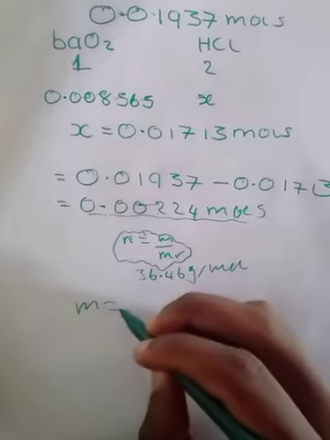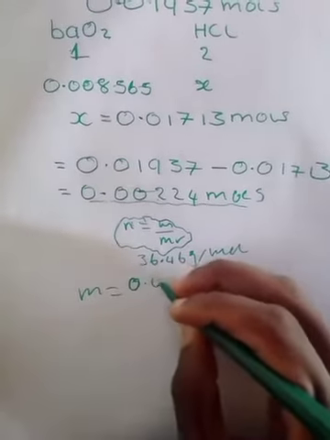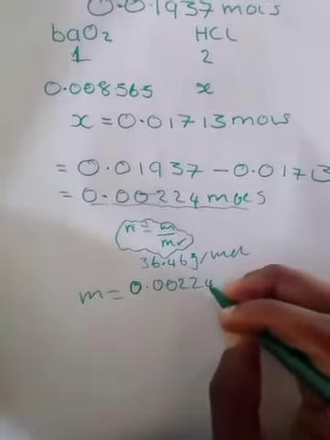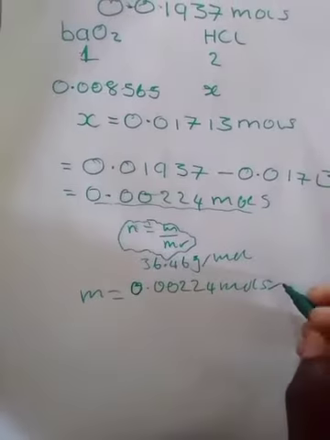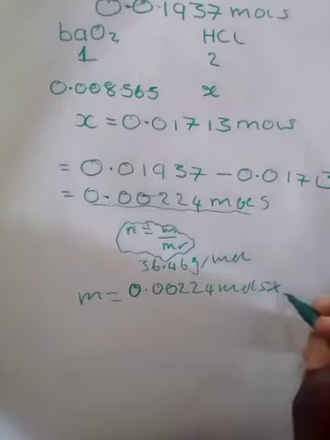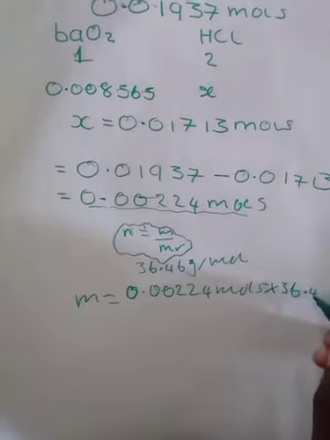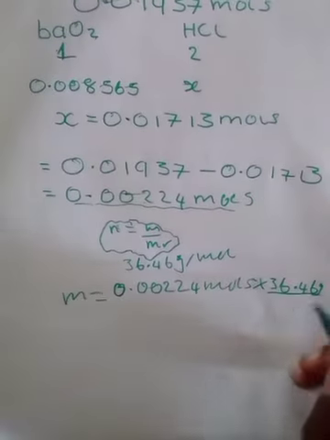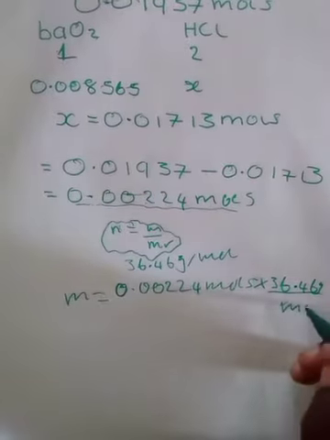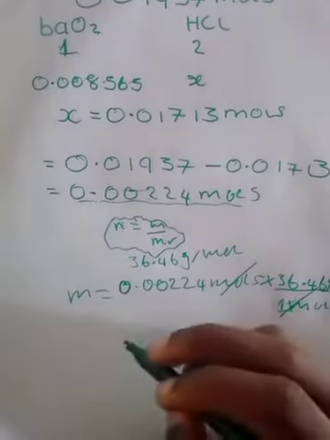So you can just say mass is equal to the number of moles, that is 0.00224 moles times 36.46 grams over mole. The moles are going to cancel.